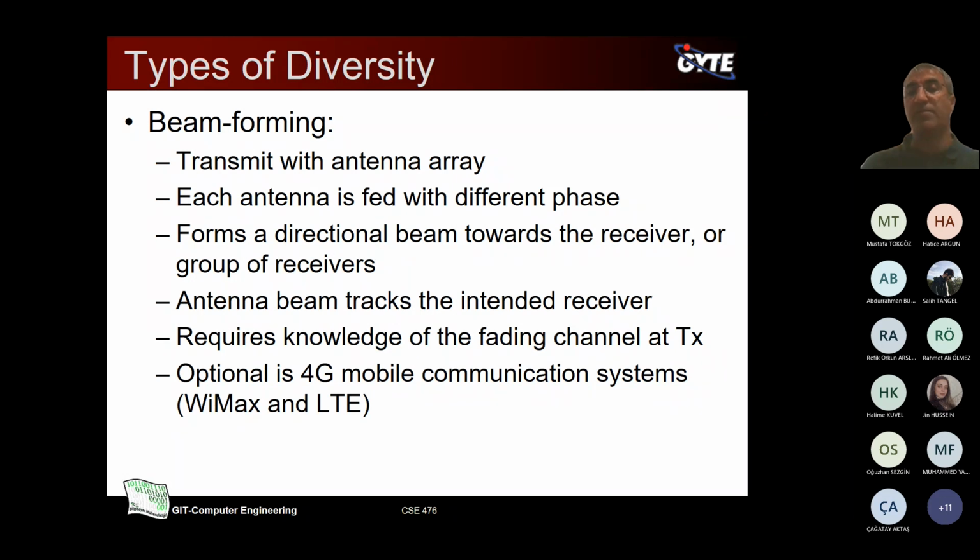So you form a directional beam towards the receiver or an intended group of receivers. The antenna beam tracks the intended receiver, and this type of diversity requires knowledge of the fading channel at the transmitter side, and this technology is optional in LTE 4G mobile communication systems.